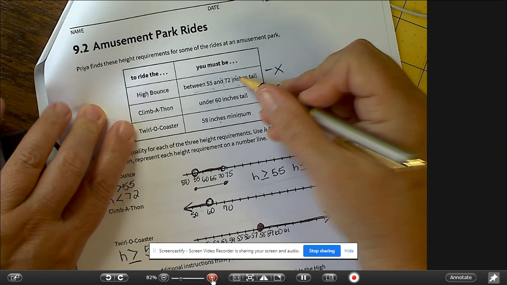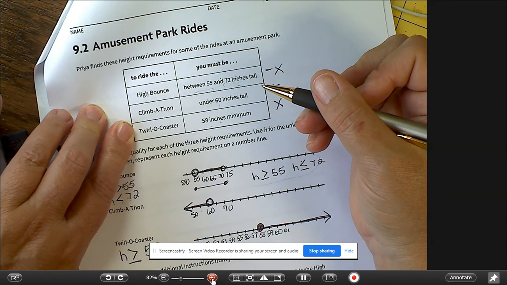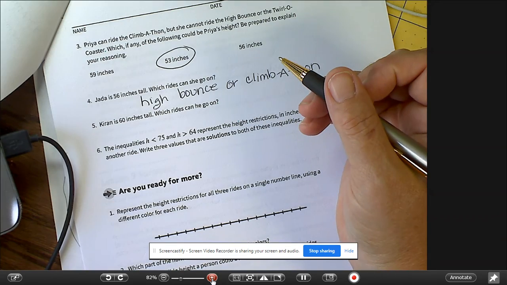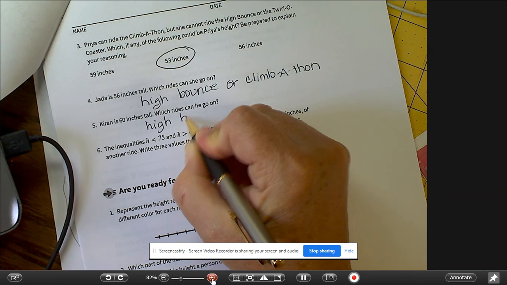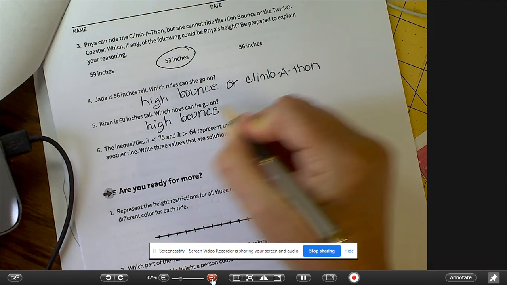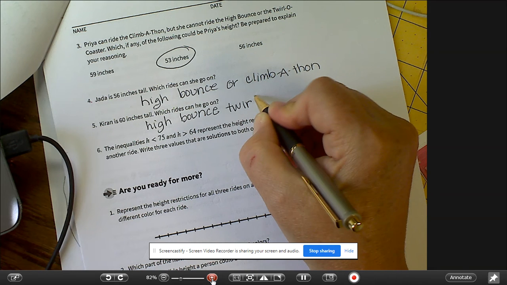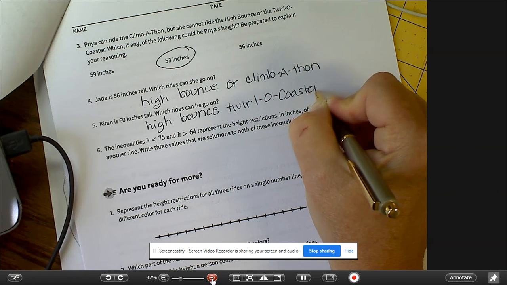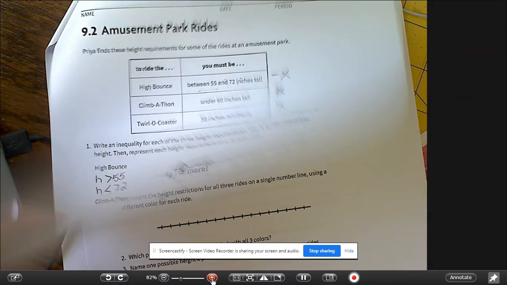He can go on the high bounce and the twirl coaster. And he cannot go on the climathon because you have to be under 60, and he is 60.